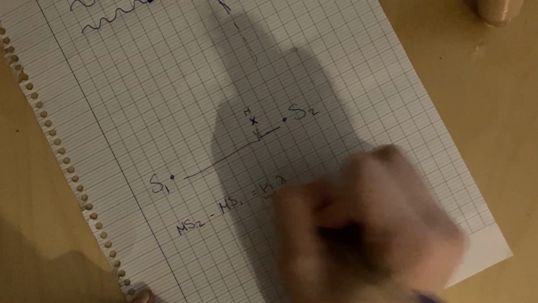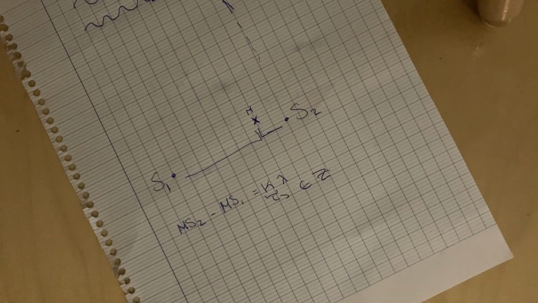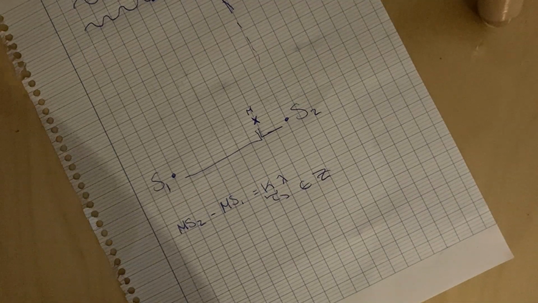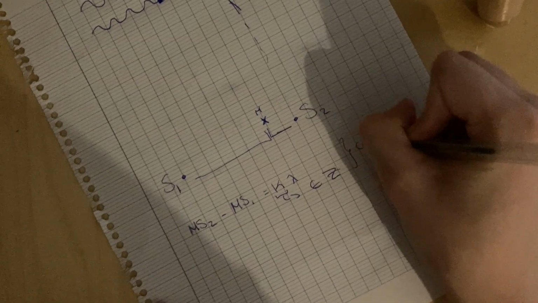K belongs to Z, which is integers. So it's -1, -2, -3, 0, 1, 2, 3, basically not a decimal. It can be positive or negative.